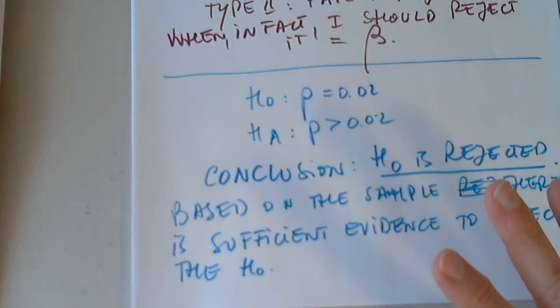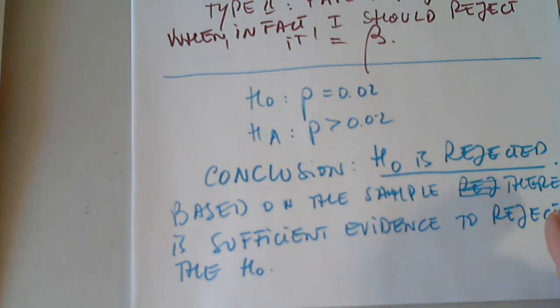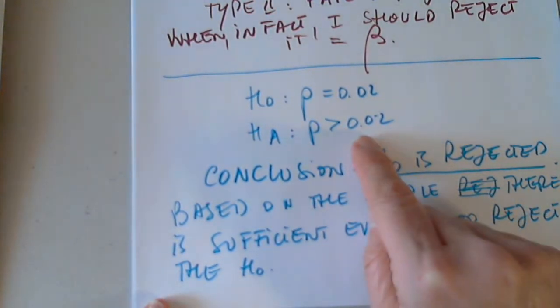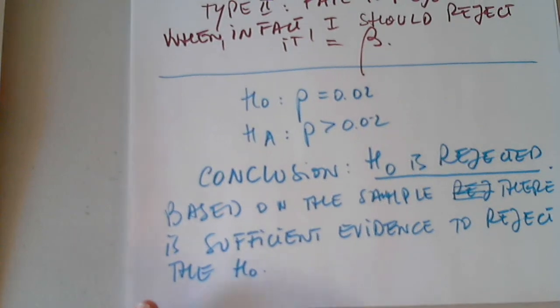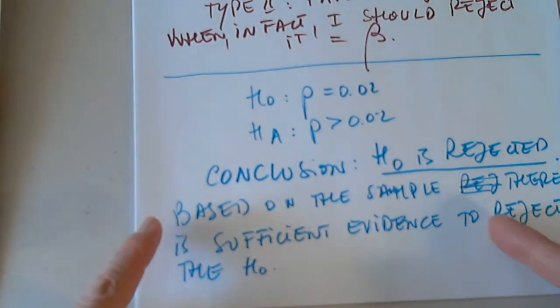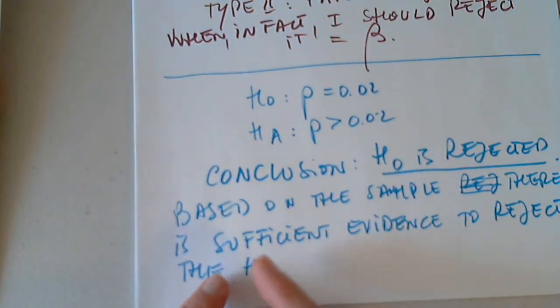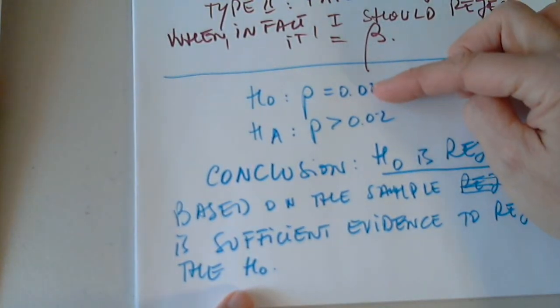I cannot say there is sufficient evidence to accept this. We are not accepting anything. We can only say that based on the information we get from the sample, there is sufficient evidence to reject the null hypothesis.